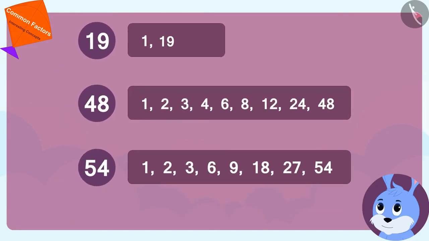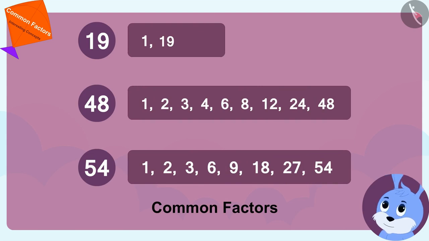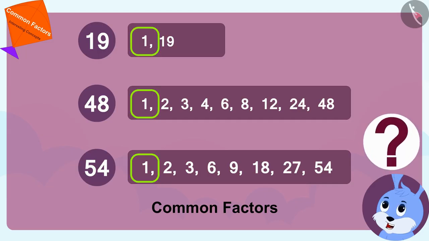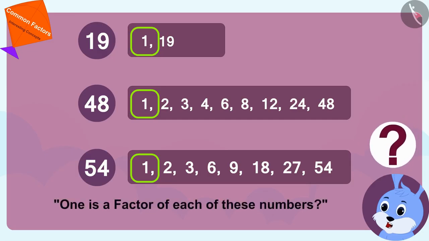Now, Bunny is trying to find the common factors of these numbers. Bunny is thinking, There is only one common factor of these numbers. 1. How can it be possible that 1 is a factor of each of these numbers?